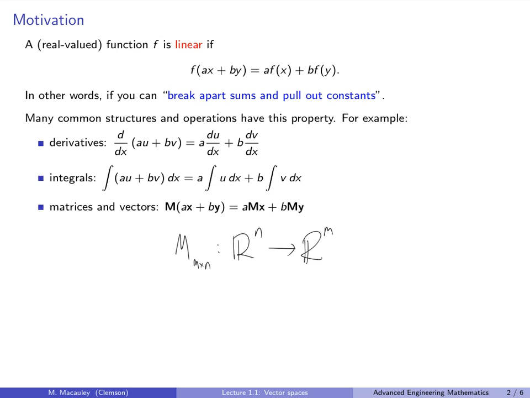We'll talk about this in a later lecture. Some of you have no doubt seen this already. The inputs being n-dimensional vectors means that x and y are length n vectors, and the outputs are m-dimensional vectors.